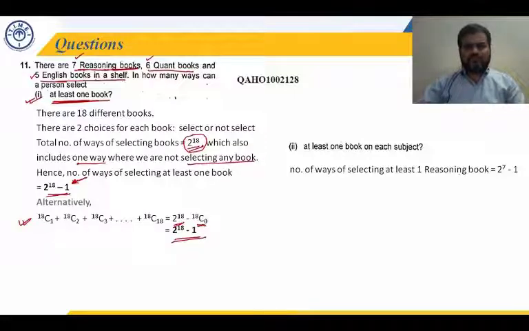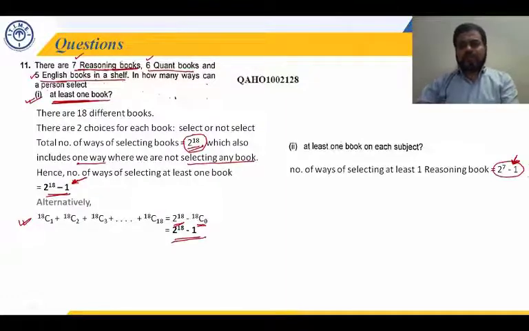So for 7 reasoning books we have 2 choices into 2 choices into 2 choices multiplied 7 times, which is 2 to the power 7. But that also includes one way in which none of the reasoning books are selected. So therefore this 1 has to be subtracted here. So basically it is 2 to the power number of books minus one way, where this one way is for the way where we are not selecting any reasoning book.